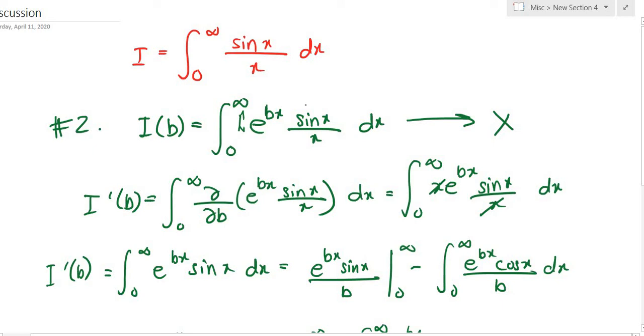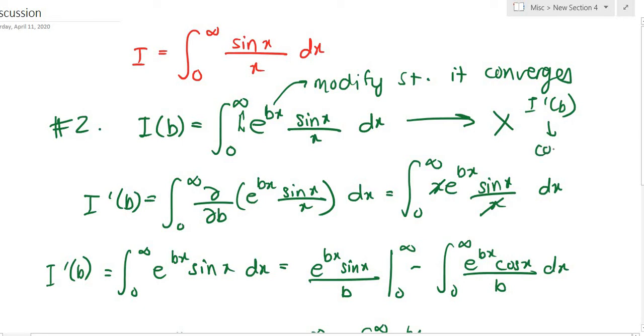So we need to slightly modify this thing such that it converges and doesn't diverge. So we want I prime of b to be convergent. So after that hopefully valuable discussion, I'll show you what works. So we have I defined as the integral from 0 to infinity of sine of x over x dx.